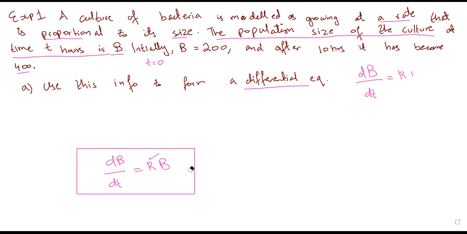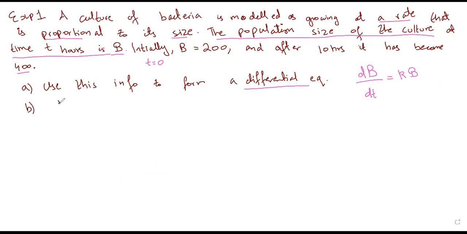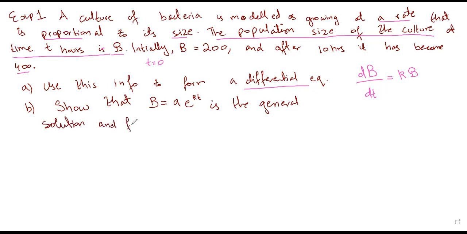And the next part is: show that b equals a e to the kt is the general solution, and find the particular solution. Okay. Now this is the second part, okay?